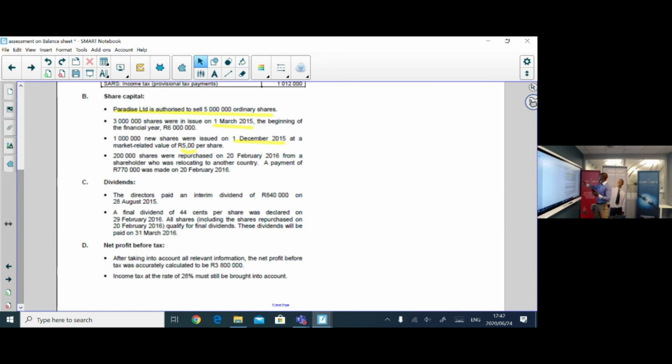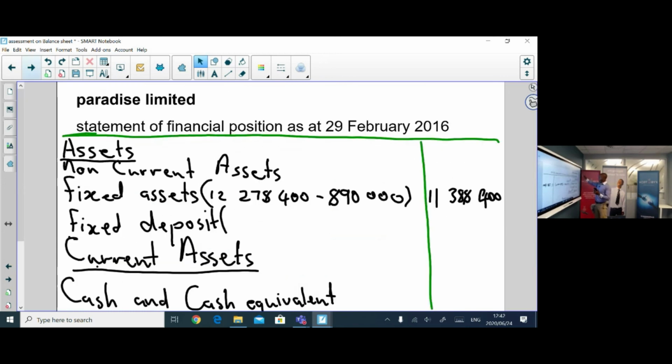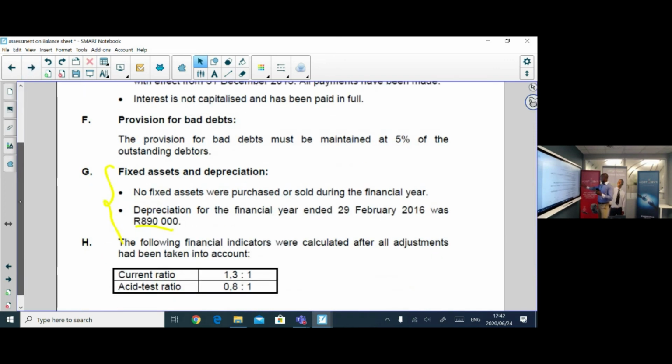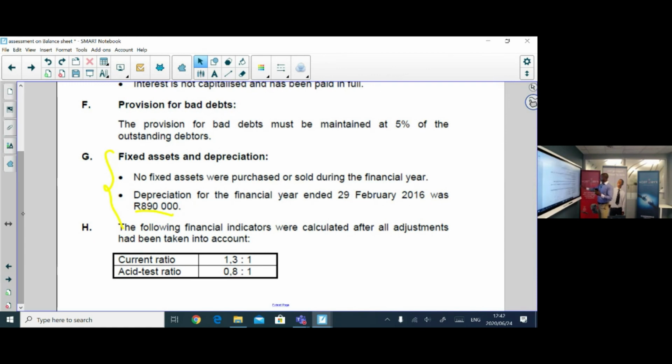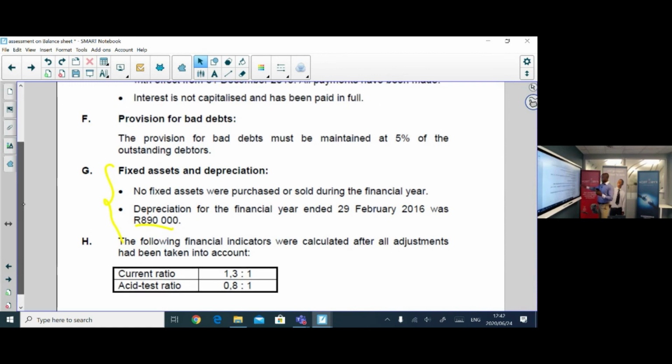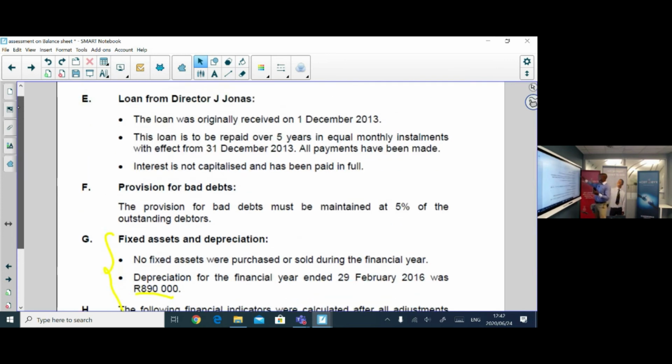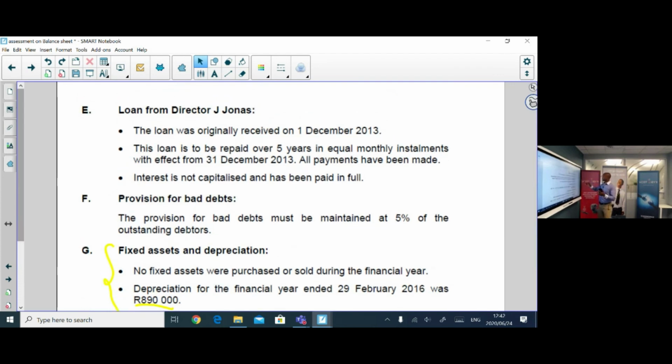Let's check the next slide. A loan was received, okay, this is payable. Bad debt. Here we've got missing information. No, it's repaid.